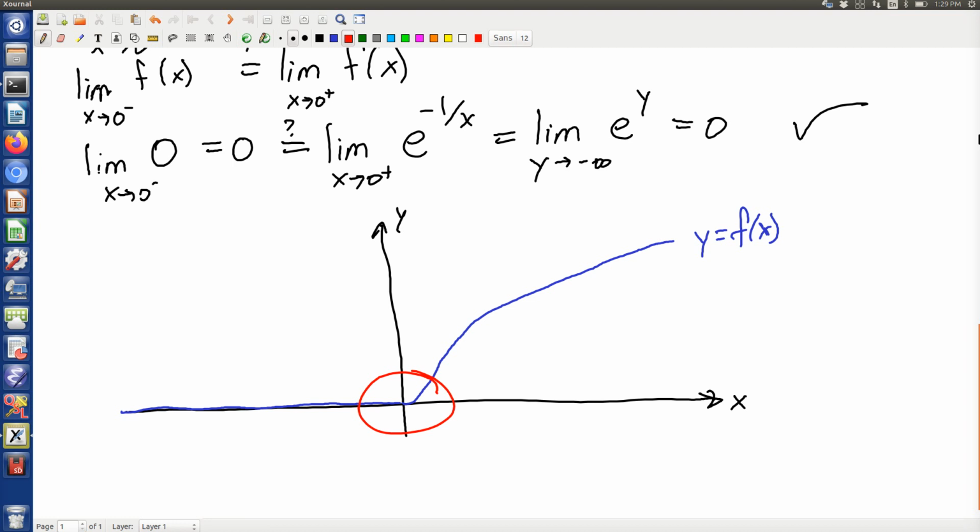Now, it's helpful for the rest of this calculation to spend some time being a little bit more careful about this equality right here. And the way to do that is actually by way of using some logarithms.